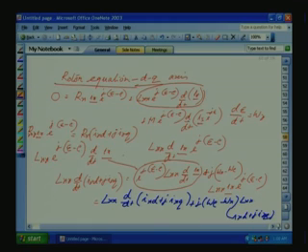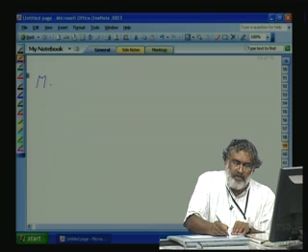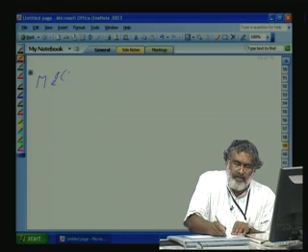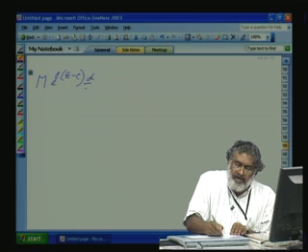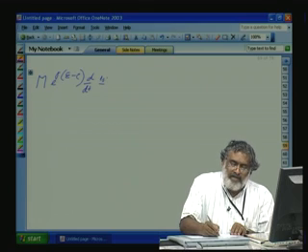Okay, let us go to the next page. M into e raised to j epsilon minus rho into d by dt is originally defined with respect to the stator axis.